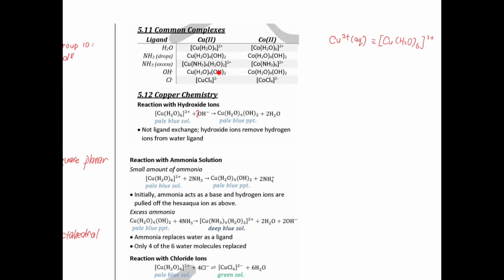When it comes to cobalt, when the cobalt aqueous ion adds hydroxide, then something same will happen. They will form this thing. Neutralization happens. The hydrogen from the H2O ligand comes out and neutralizes the hydroxide. But the color changes, you have to remember.